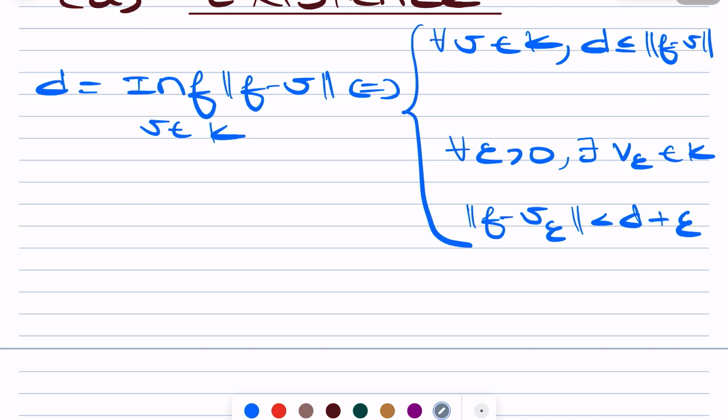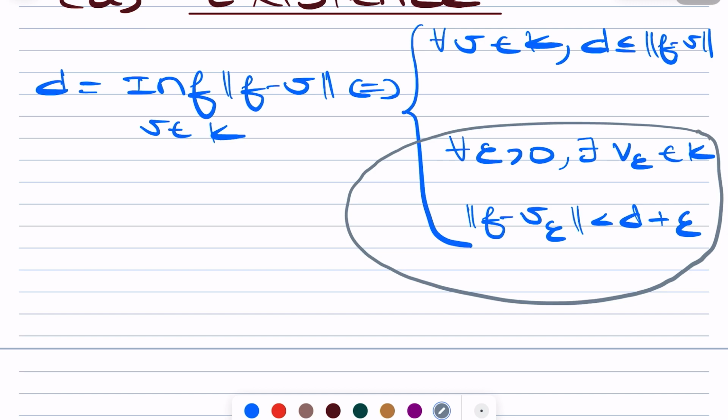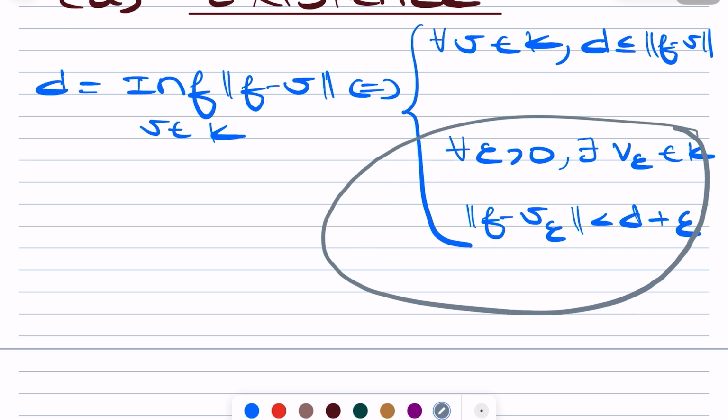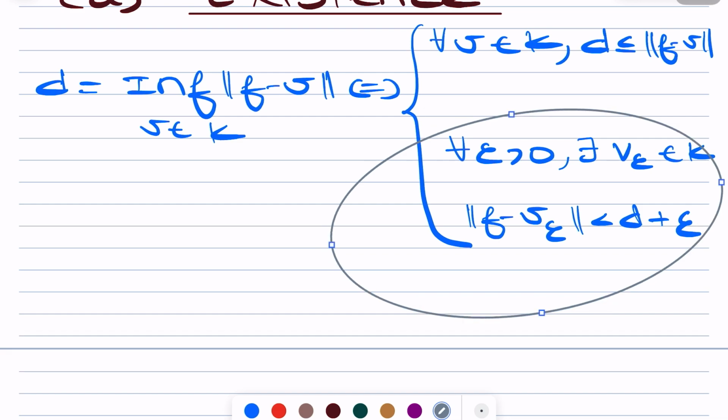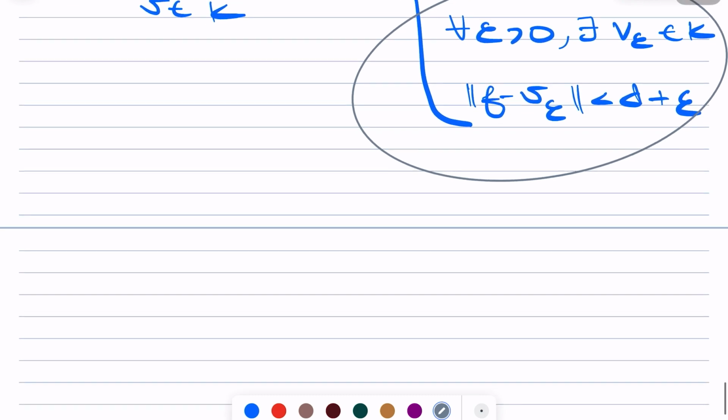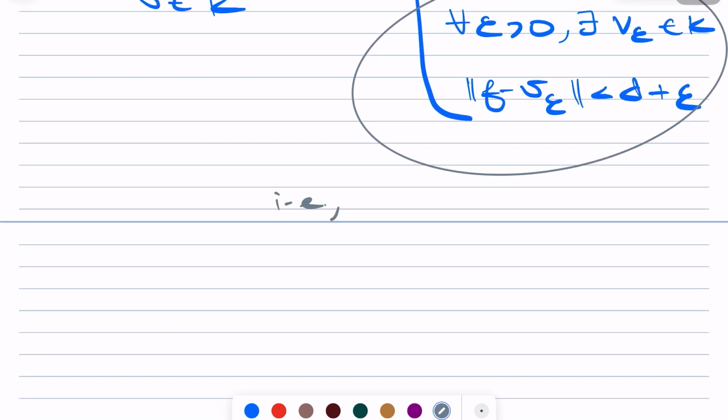Now look at this second part here. This holds for every epsilon, so for every n I can construct a sequence.